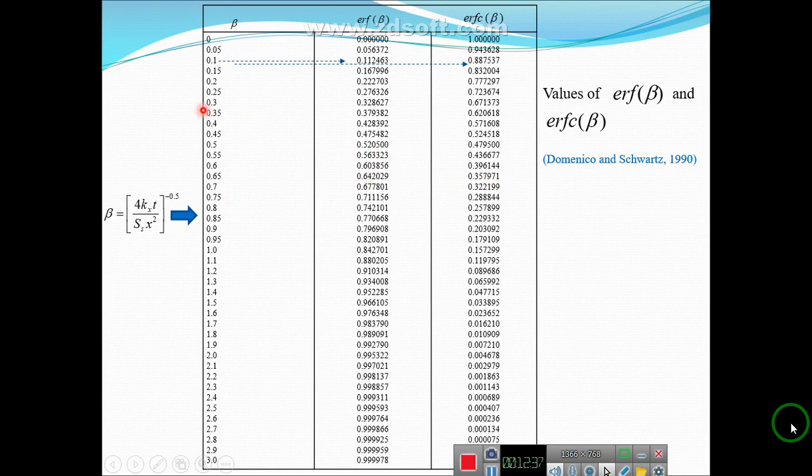For example, for beta value equal to 0.1, the error function is 0.112463, and the complement of error function is 0.887537.